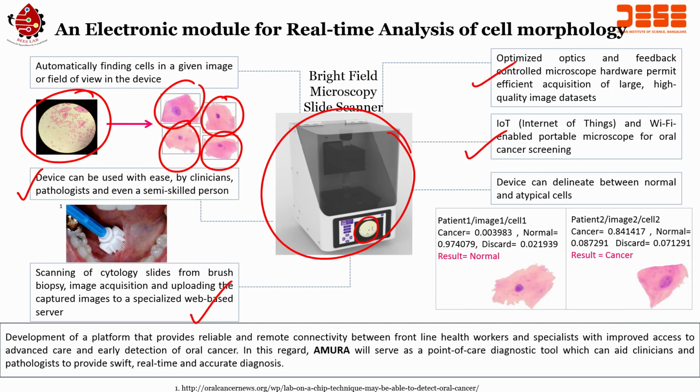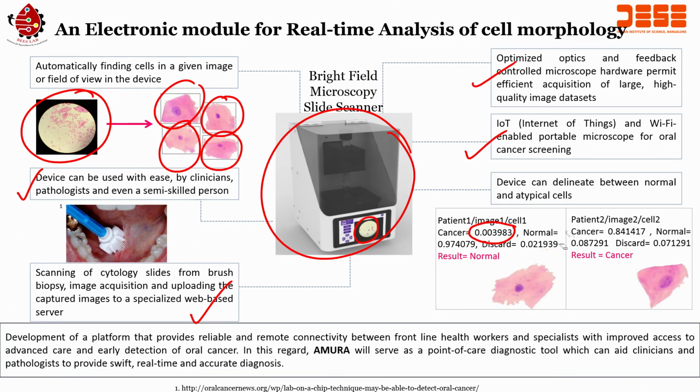So you can see here, if it is a cancer, the normal value will be low compared to cancer, and the discard value is 0.021. In the very same way when you talk about patient 2, you can see the cancer is 0.84, normal is 0.08 and discarded value is 0.07, so the result would be cancer, right.